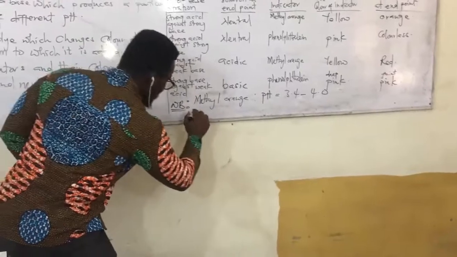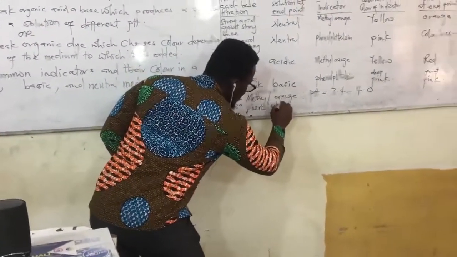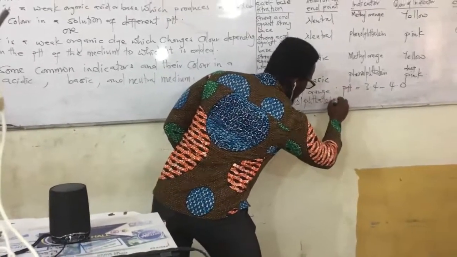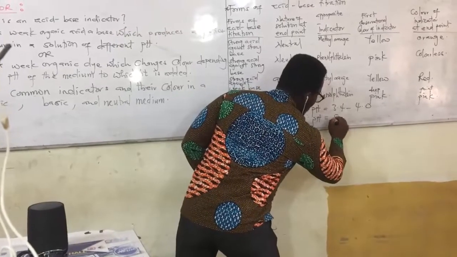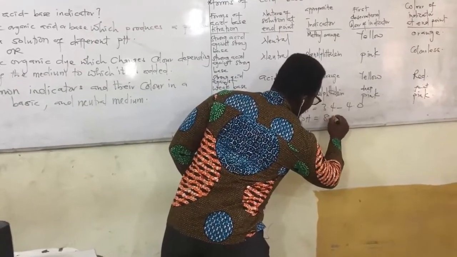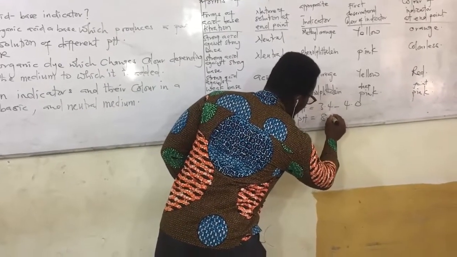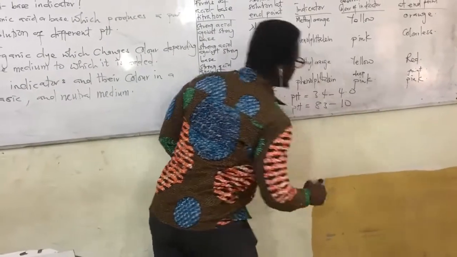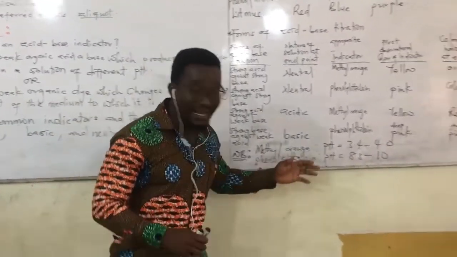So that is the pH of methyl orange. Phenolphthalein, pH 8.3 to 10. So that is the pH of the various indicators.